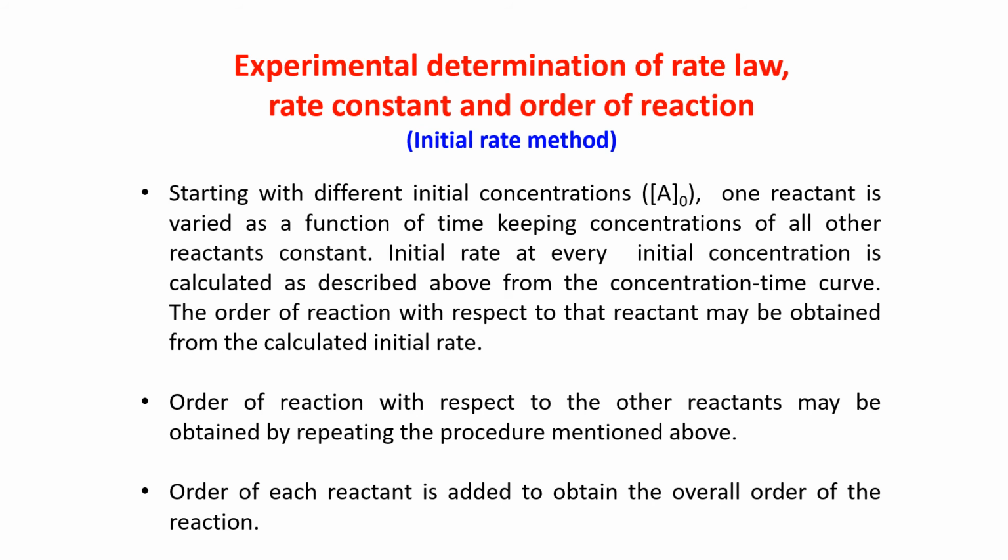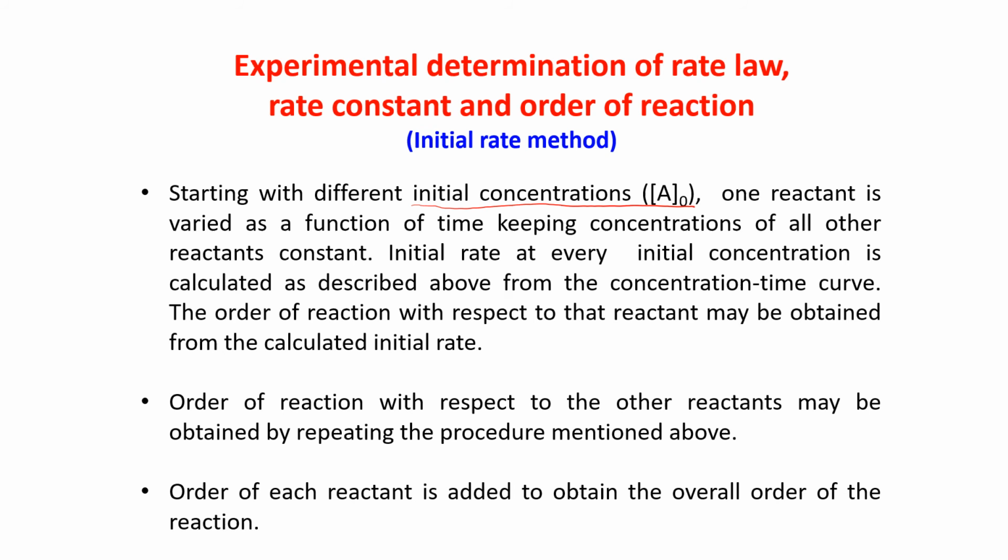Starting with different initial concentrations. First, suppose the initial concentration of A we have taken is 1 mole per liter. Now suppose I am having two reactants, A plus B giving you product.